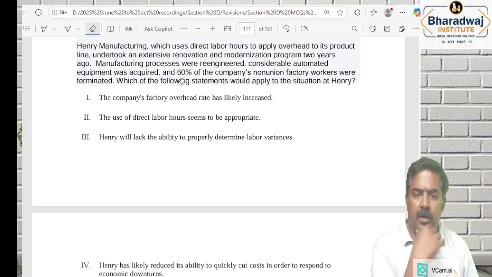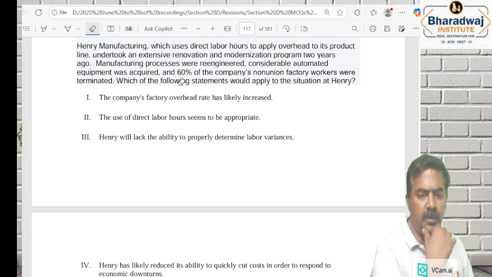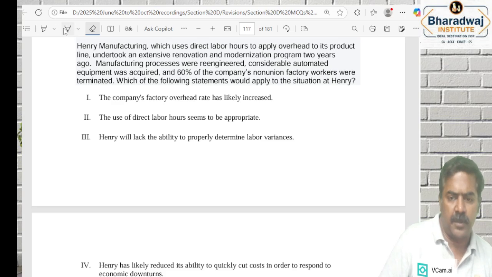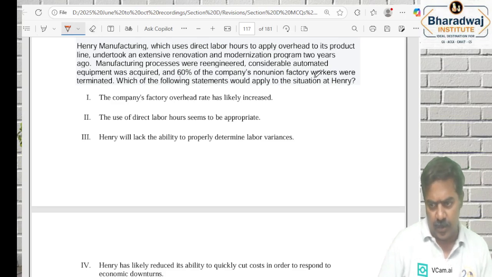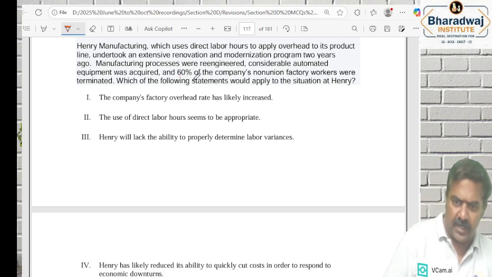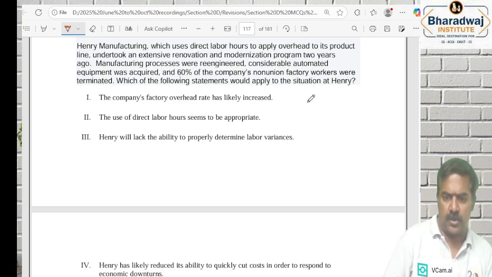Direct laborers, they applied overheads to product. They did a renovation and modernization program for 2 years. The management processes were re-engineered and considerable automated equipment was acquired. 60% of the company's non-union factory workers were terminated. Which of the following statements applies to the situation?